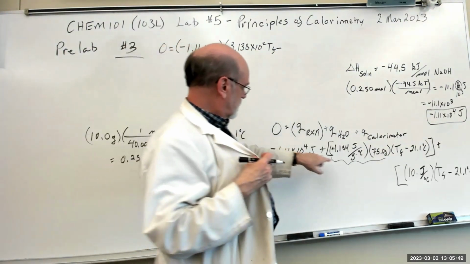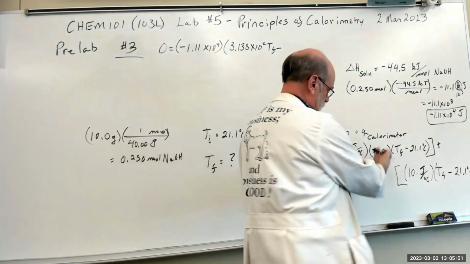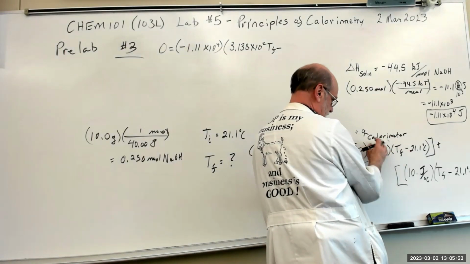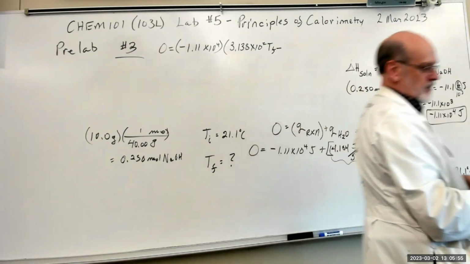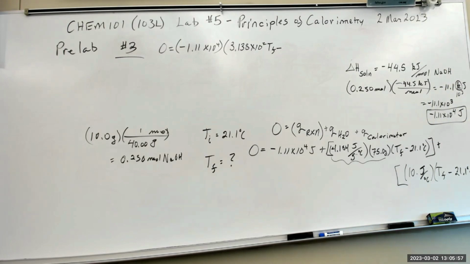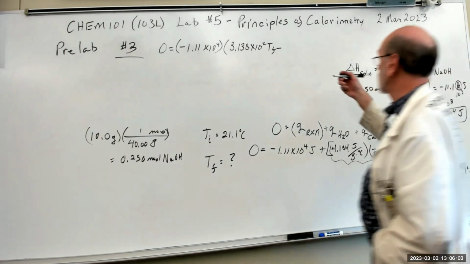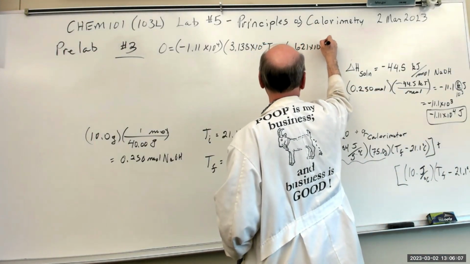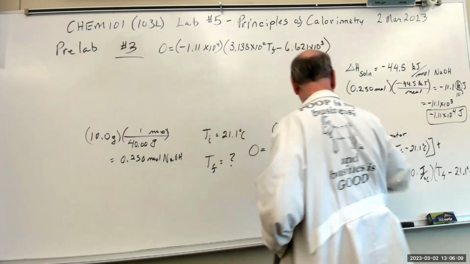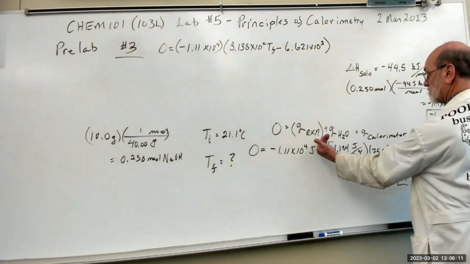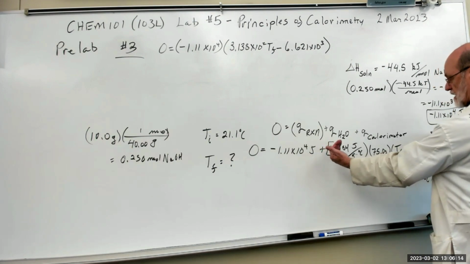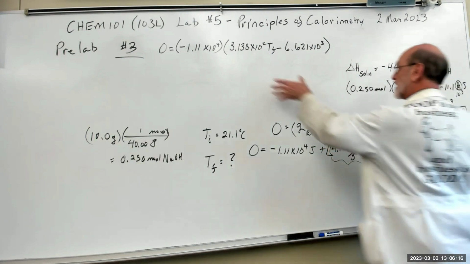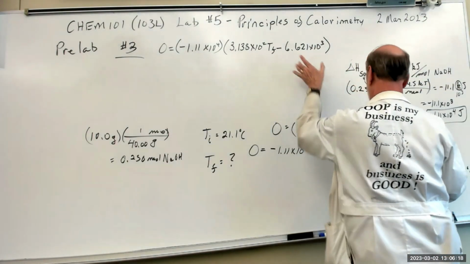We're distributing this one through the entire expression, taking this times that and this times that. So I need 21.1 times that value also: 6.621 times 10 to the 3rd. Here we go. So that came from right here. This expression resolved into these two numbers, that one and that one.